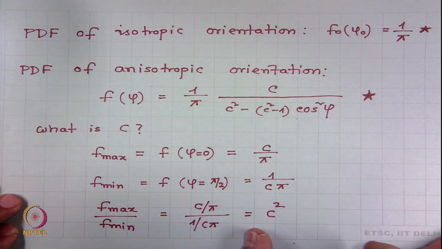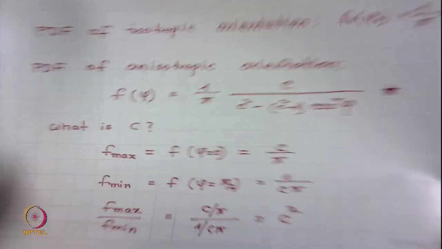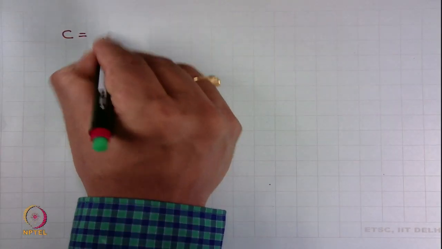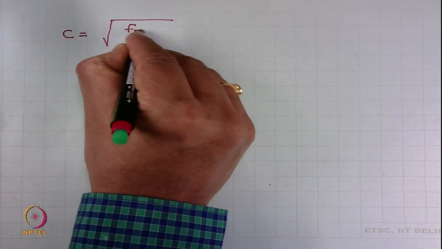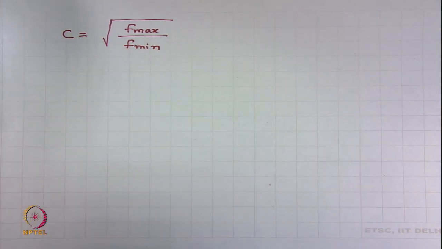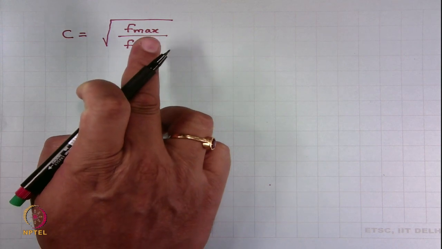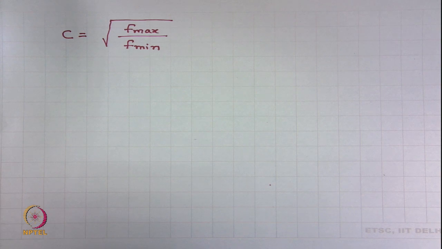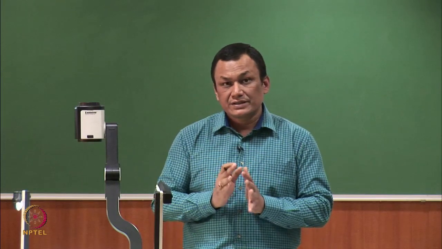So, c becomes square root of f max by f minimum. Square root of the ratio of maximum frequency to minimum frequency, that is what C is. This ratio f max to f minimum characterizes the anisotropy.